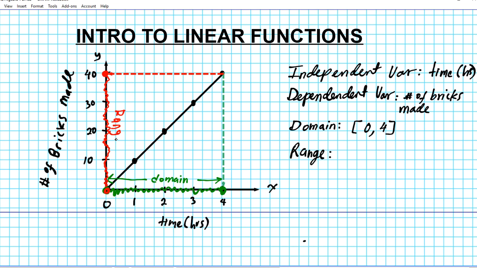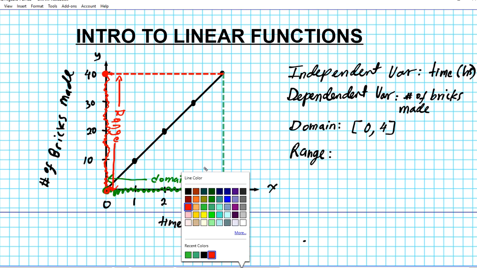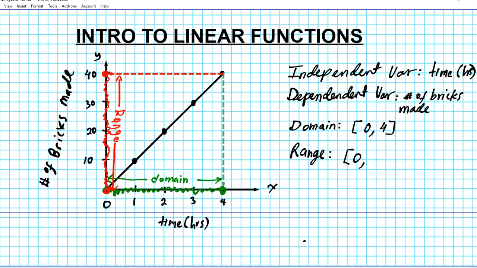Okay? So that's the range from top all the way to the bottom. All right, let's write that down using our interval notation. For the range, we're going to go from the low point, which is 0, all the way to the high point of 40. Alrighty. All right, so there goes the domain and range.